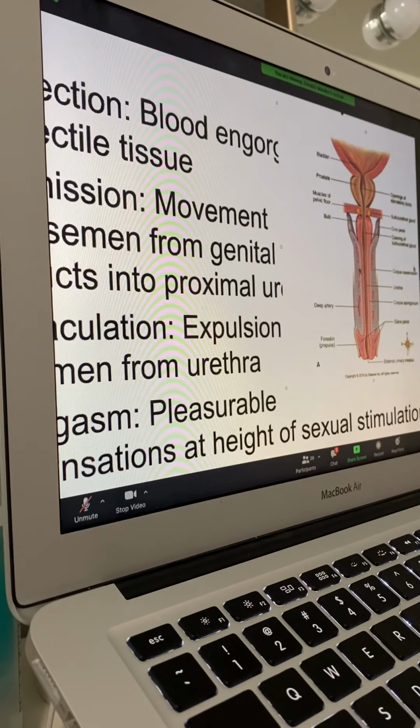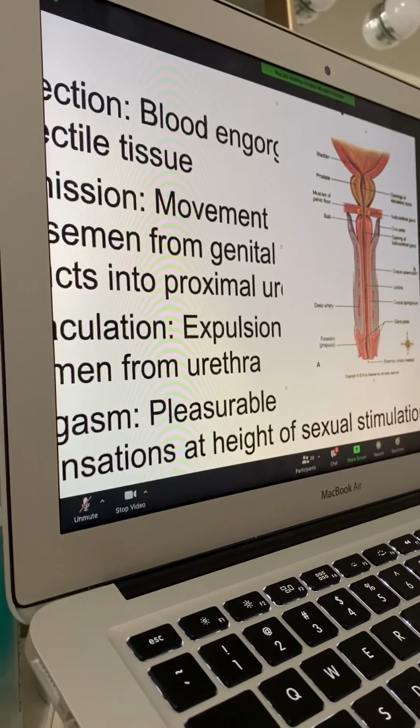And then emission is the movement of semen from the genital ducts. Remember your genital ducts, your seminal vesicles, your ejaculatory duct. That is the movement of the semen from the ejaculatory duct to the proximal urethra.